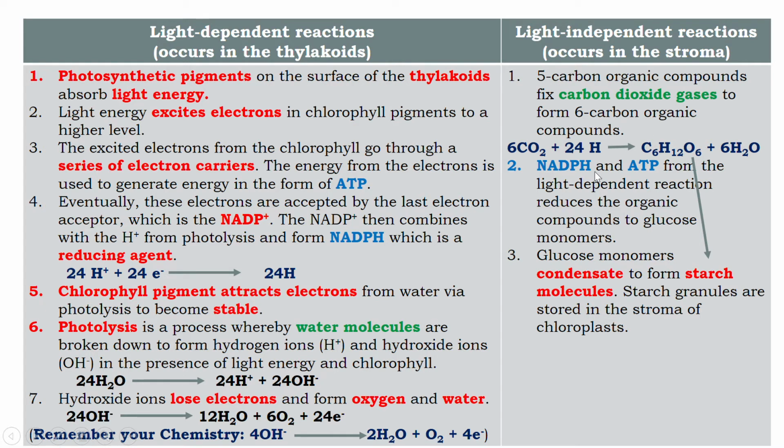So NADP plus, NADPH and ATP from the light reaction reduces. Reduces di sini maksudnya proses penurunan berlaku. Proses penurunan berlaku sebab dia sendiri NADPH is a reducing agent.